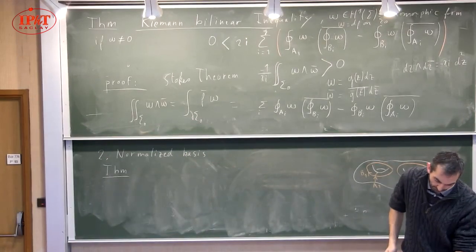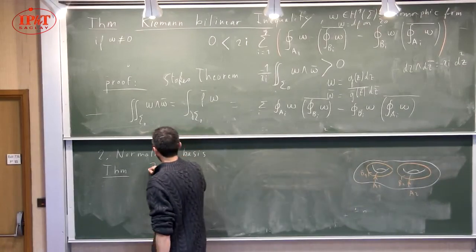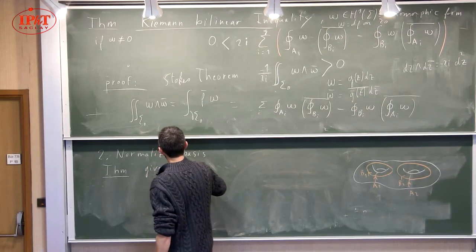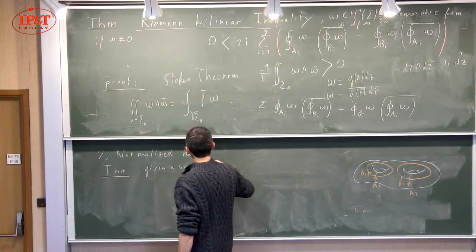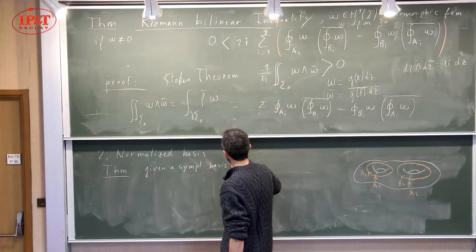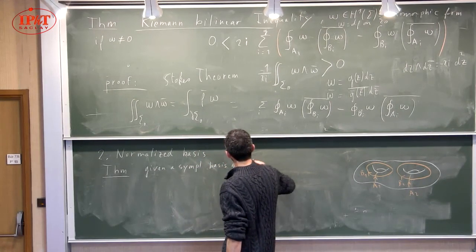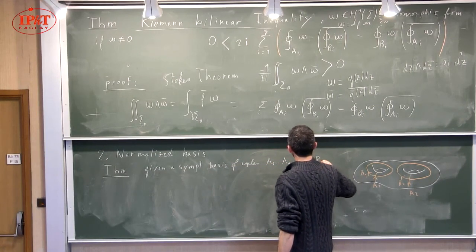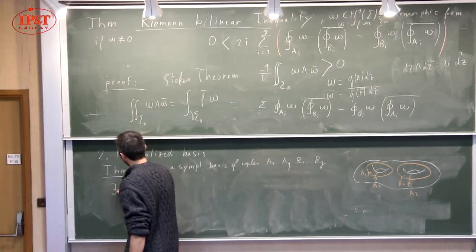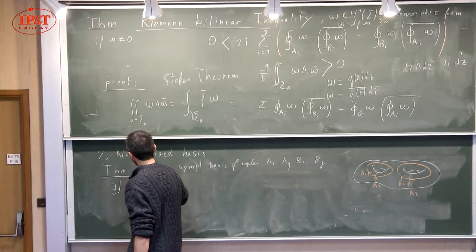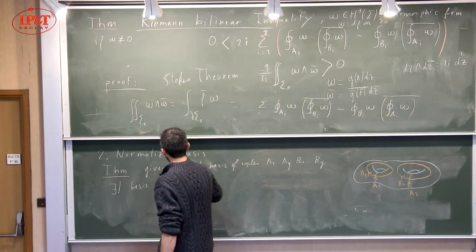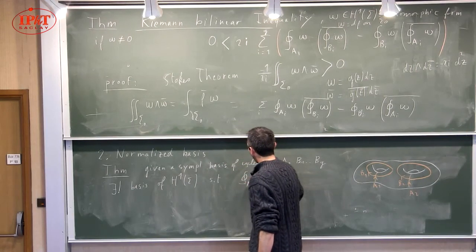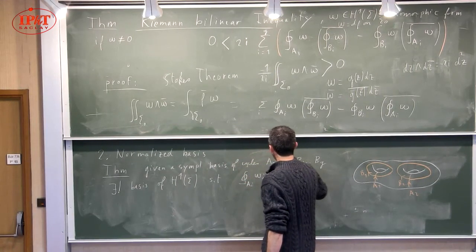An important theorem is that, given a symplectic basis of cycles A1, ..., Ag, B1, ..., Bg, there exists a unique basis of H1 of sigma such that the integral over a_i of omega_j equals delta_ij.